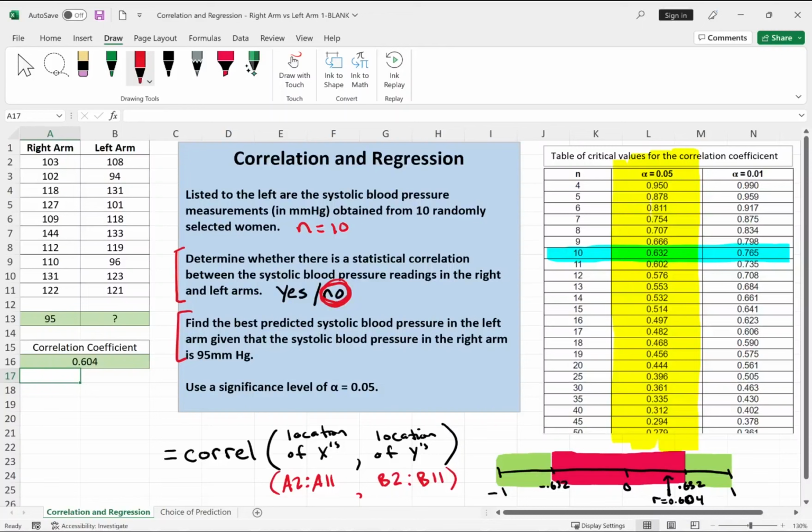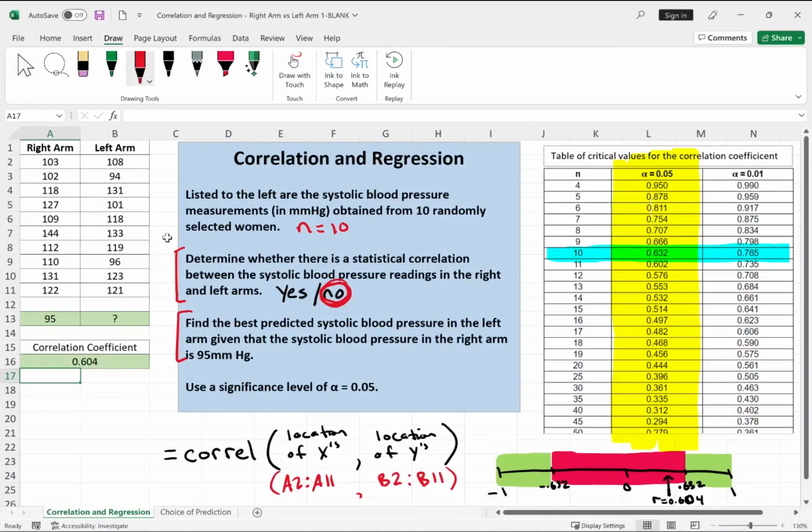So this is a case where we can't assume there is a causal relationship, but intuitively there probably is. So since the answer is no, we would probably say it's time to get a new machine, or maybe calibrate the machine that we have.